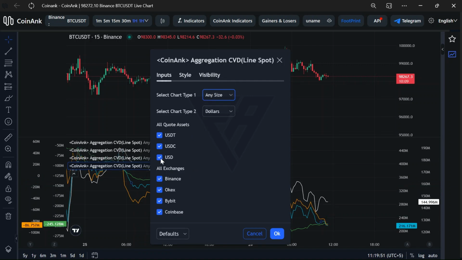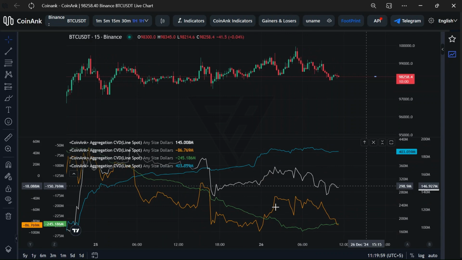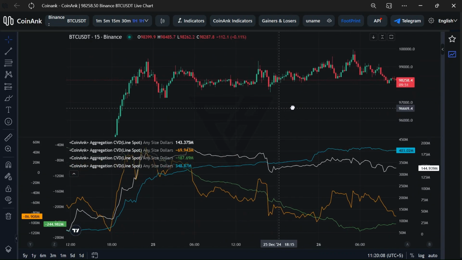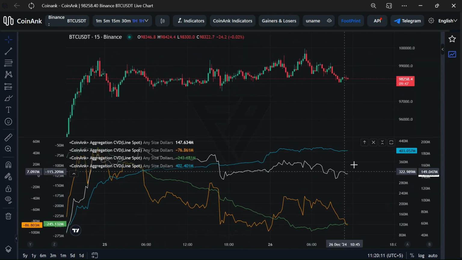I would suggest you guys observe and backtest these CVDs, how these affect price, and then use them for context building and as a confluence in your trading. This is all about spot CVD, what they mean and how to use them in your trading system.